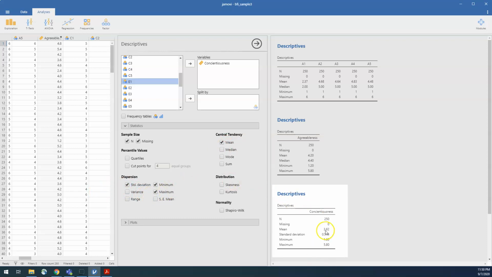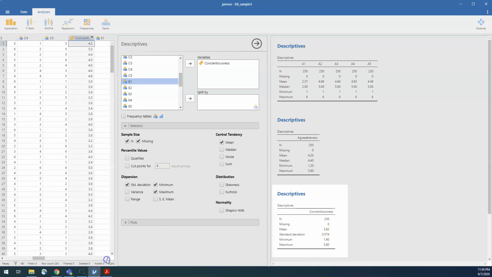So for each person in this data set, I need to take each person's conscientiousness score, subtract from it the mean of that set of scores, 3.82, and then divide it by the standard deviation, 0.574.